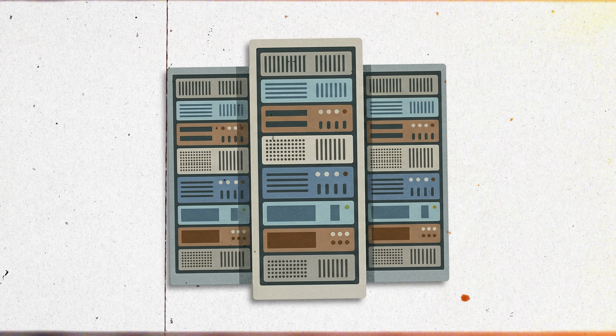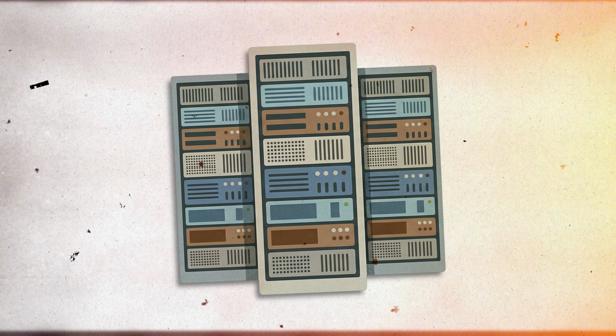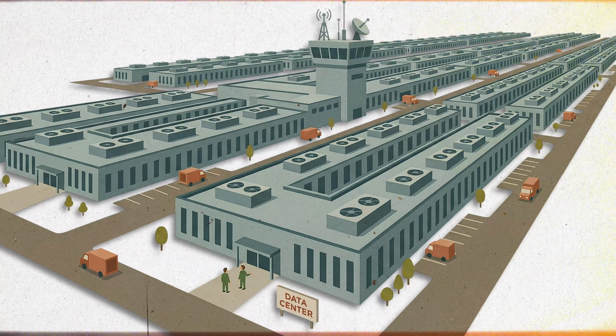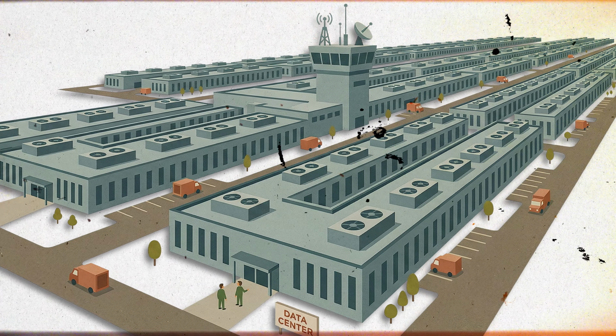The invisible system is made up of many machines known as servers that live inside data centers, colossal buildings we never get to see. Data centers often contain tens of thousands of computers all running constantly. You know, when people talk about how bad digital tech is for the environment, well, they're often referring to things like this. That's because these places consume a lot of electricity every minute of every day.